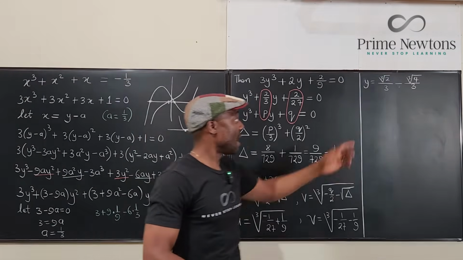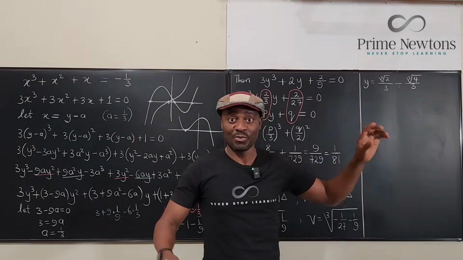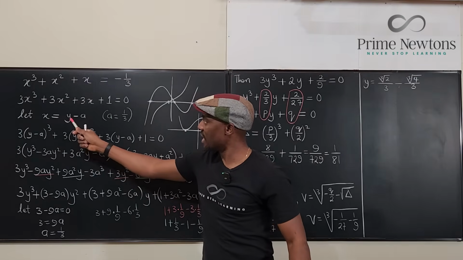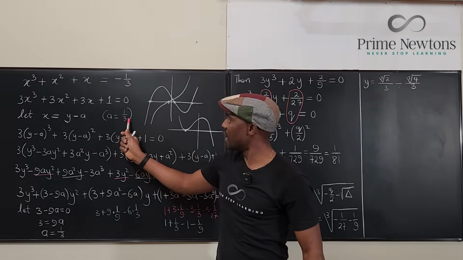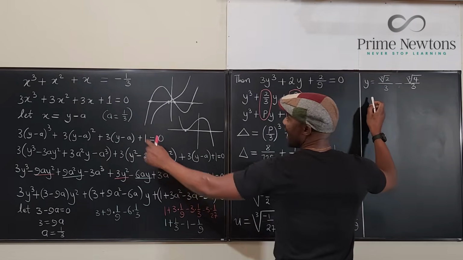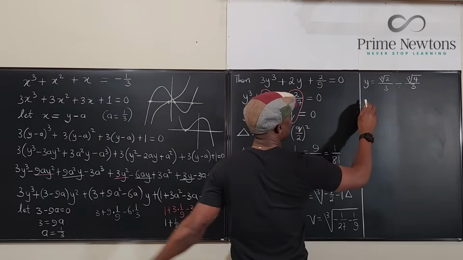But remember that we were not looking for y. Our original problem told us to find x. We just said let x be y minus a, and our a was 1 over 3. So we can go here and say that x will be y minus a.